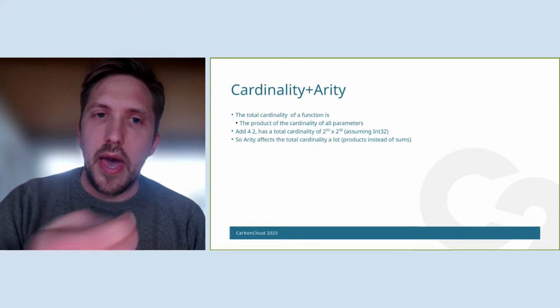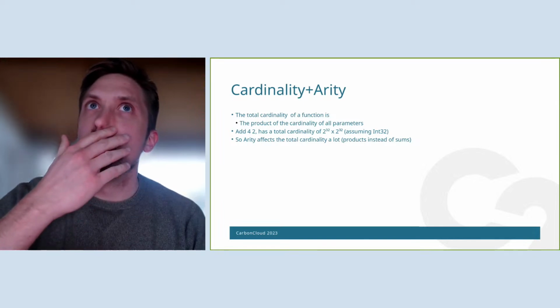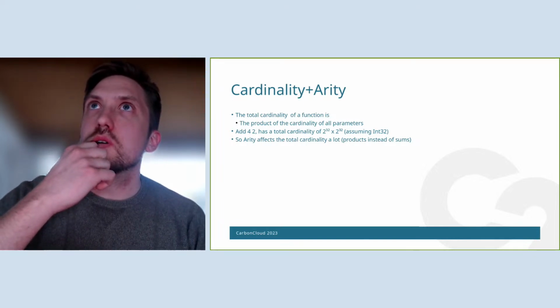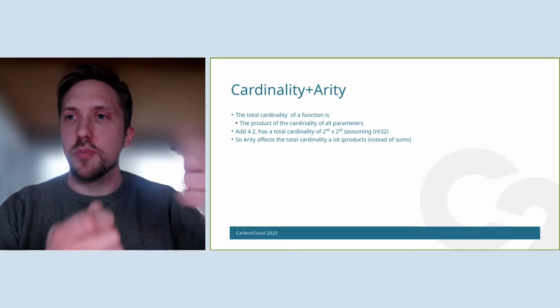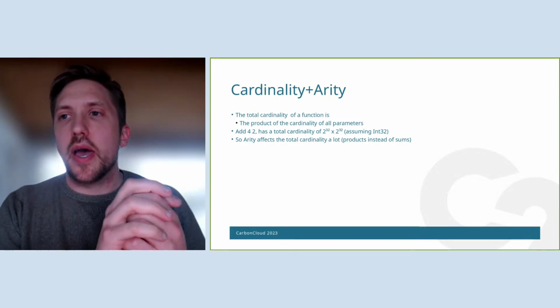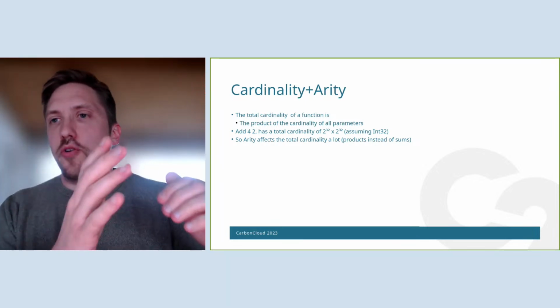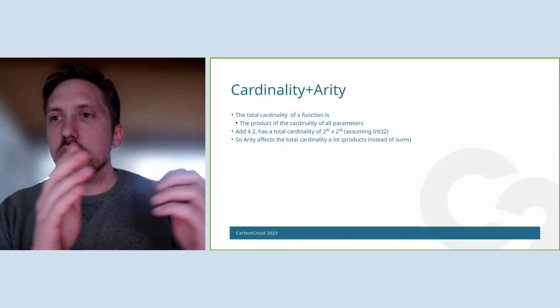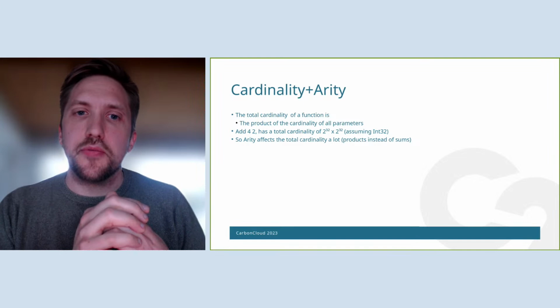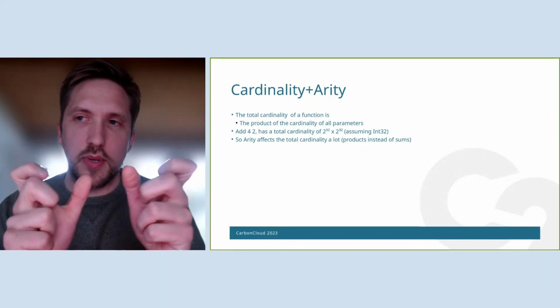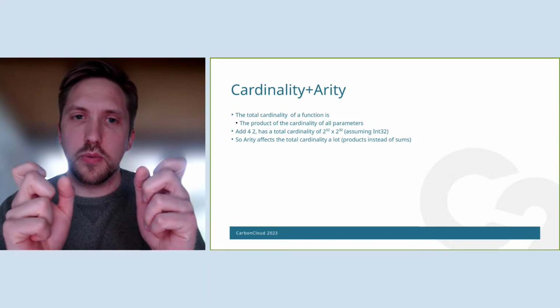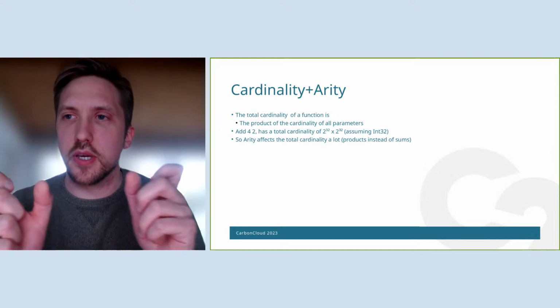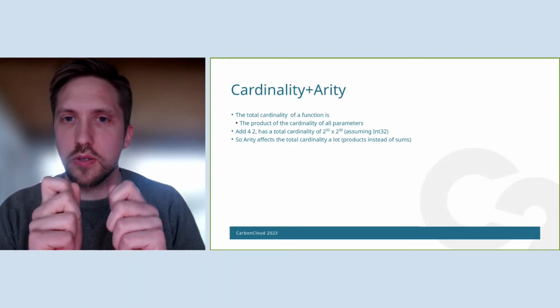If Either has 2 cases, left or right, and we add a third option, it only increases by 1. But if we add another parameter, the cardinality increases by taking the product of those 2 things.